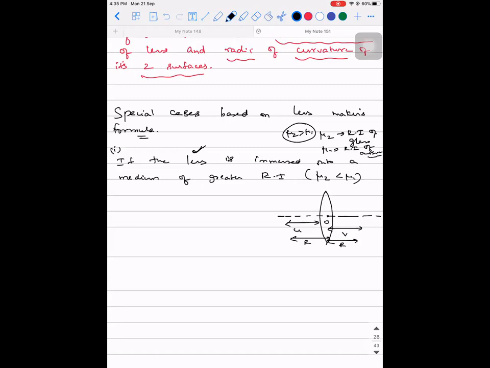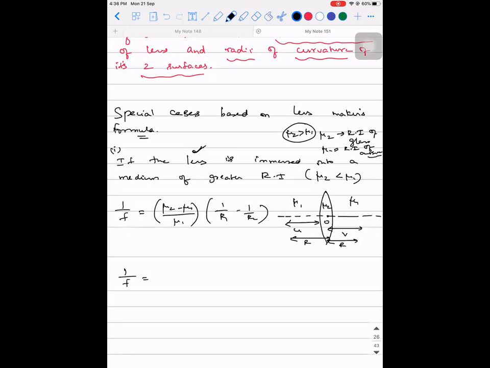This is mu2 and this is mu1, and this is also mu1. So what does the Lensmaker's formula state? 1 by f is equal to (mu2 minus mu1) divided by mu1 into (1 by R1 minus 1 by R2). Correct?